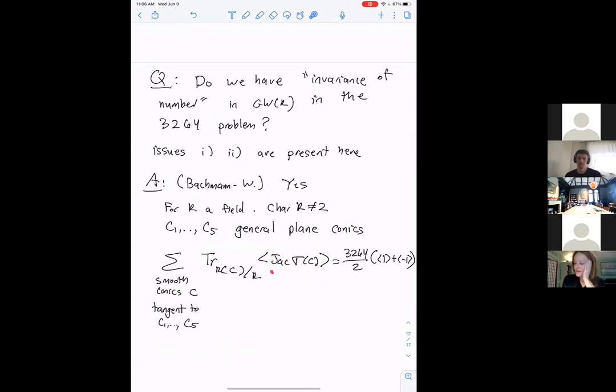So literally no, but a weighted count of how many are real is then 0, and that's what this says. And the number that are literally real does vary with the choice of conics. Okay, great. How about some more questions?